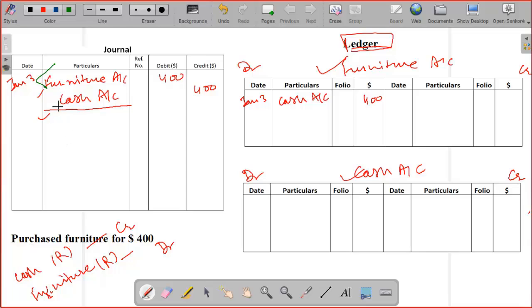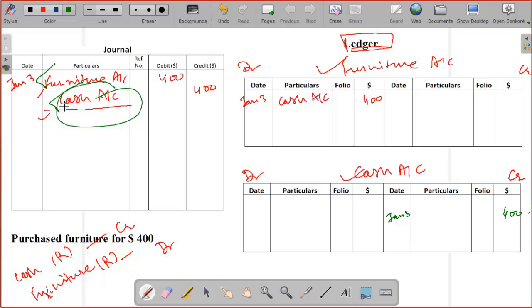Now I have to make posting in the cash account. Tell me, is the cash account debited or credited in this journal entry? Credited. So posting will take place on the credit side. So first write down the amount, $400, then put the date, January 3rd, and then write the name of the opposite account.